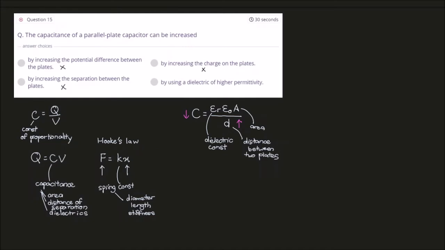And the last one is by using a dielectric with higher permittivity. Higher permittivity means your dielectric constant will be greater. If that's the case, your capacitance will increase, and that's the effect that we are looking for. So our answer will be by using a dielectric with higher permittivity. So that's all for question 15.